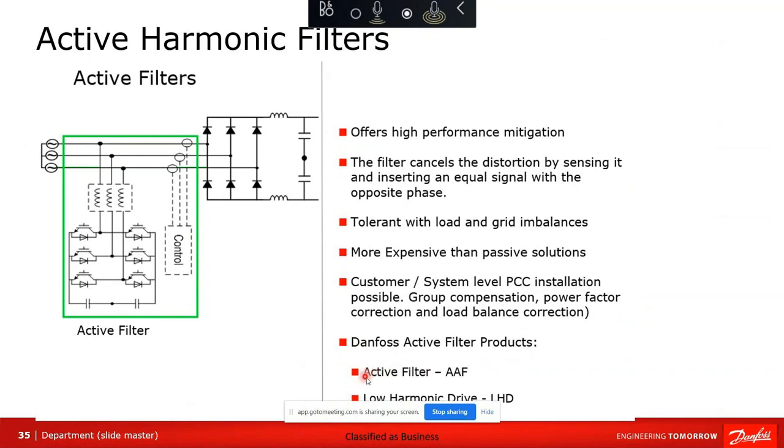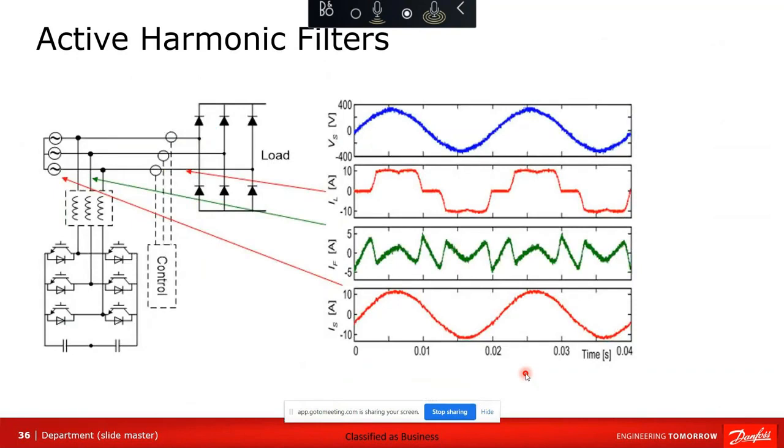In my world, I can offer you a standalone active filter, or starting at 250 horsepower and above, I can bolt that active filter right to the drive itself and supply it as a system. We call that a low harmonic drive. And again, there's another example of what we look like. So we have our distorted waveform from harmonics.